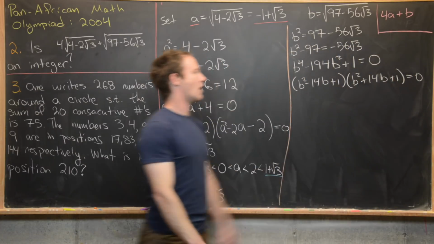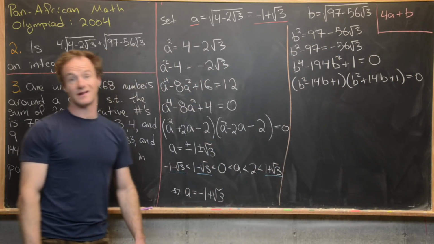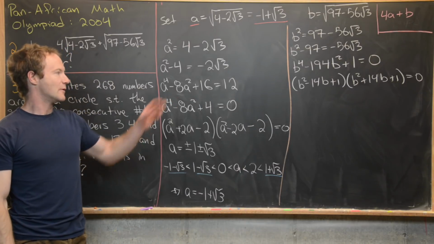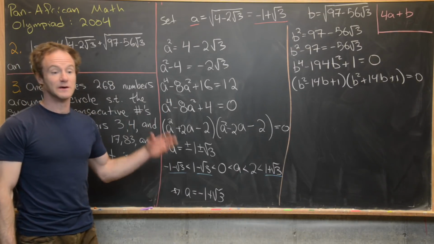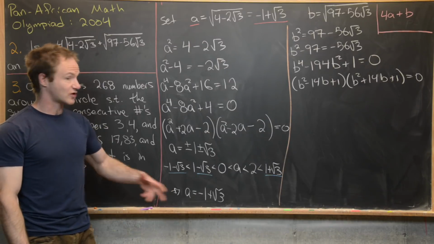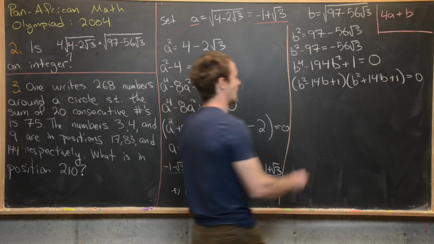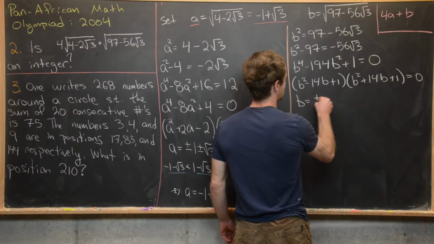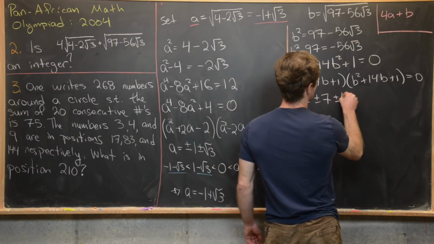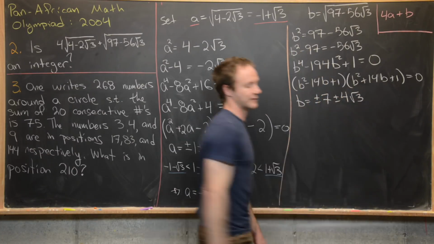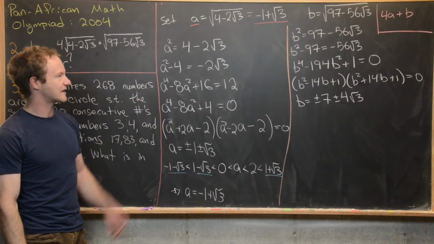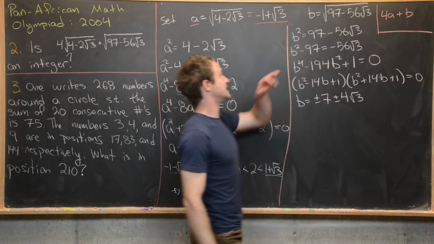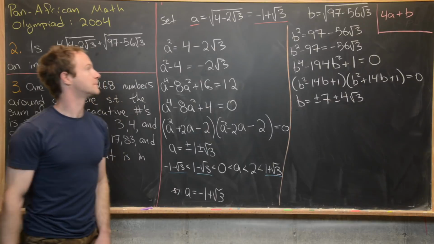So if you multiply all of this out, you'll get this line which is right above. But now we can apply the quadratic formula to both of those quadratic factors. And that's going to give us b equals plus minus 7 plus minus 4 times the square root of 3. And then we've got to figure out which one of these is our value.